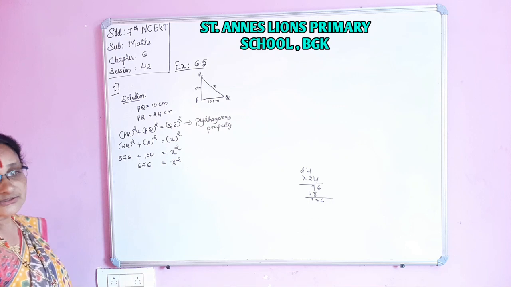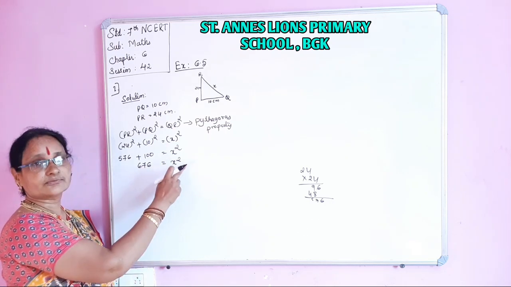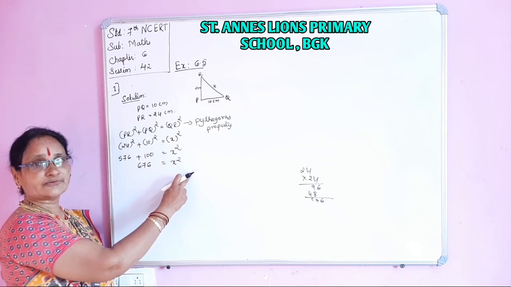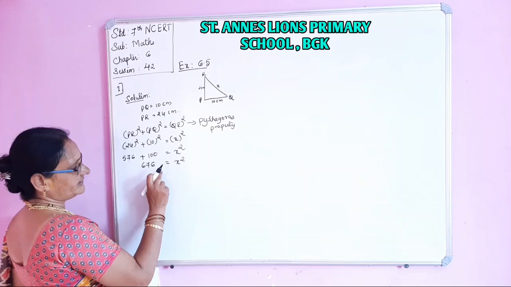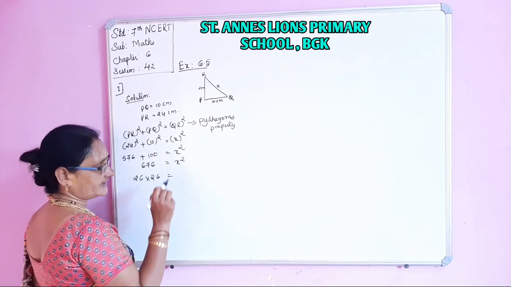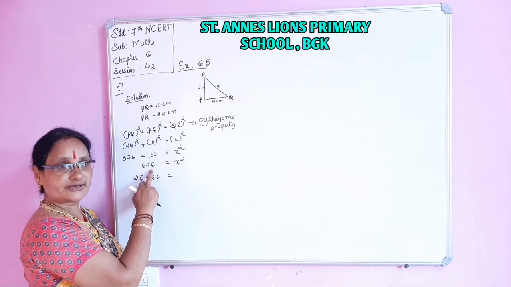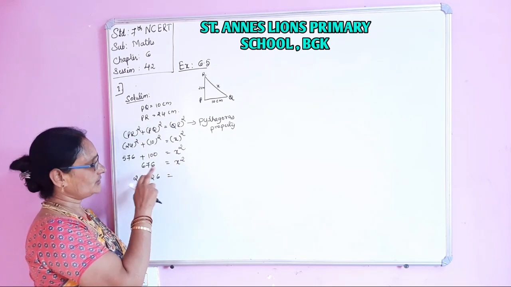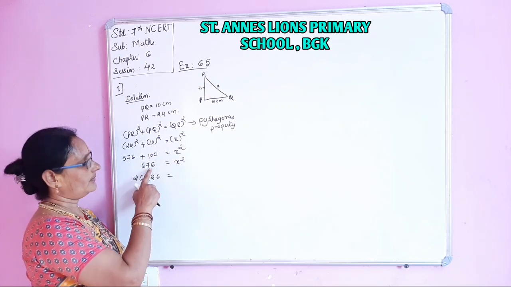676 is a square number of one number. What number do we have to find out? 676 is nothing but 26 into 26. In the next class you are going to learn how to find the square root of a given number. For now, by practice, by multiplying or by some clues. What is the clue?